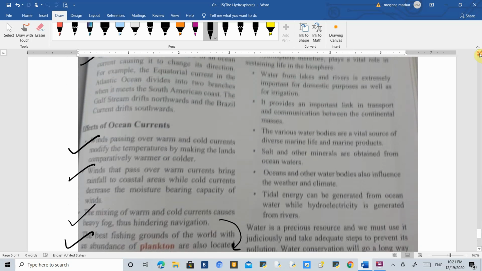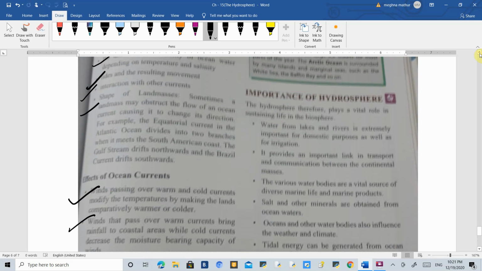Then lastly, because this chapter is dedicated to hydrosphere, water, we need to understand the importance of the hydrosphere. First, we need water for domestic purposes and irrigation purposes. That is the first importance. Second is that from very early times, it has been the best mode of transport and communication between continents.